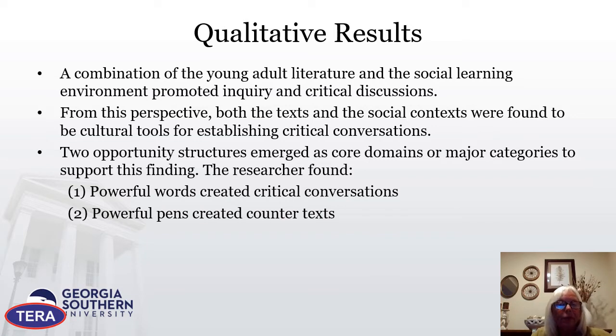From this perspective, both the text and the social contexts of the literature circles were found to be the cultural tools for establishing those critical conversations. Two themes emerged, as core domains or major categories to support this finding: powerful words were created through critical conversations, and then powerful pens created counter text.